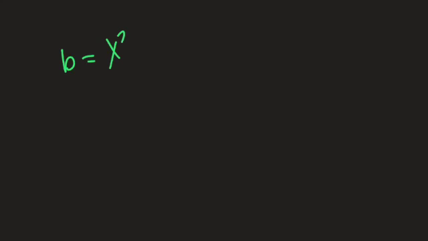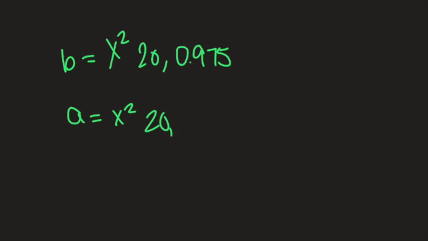So you can use some basic algebra to solve and rearrange things and find what my b is. So b for this, when I have my n of 10, is going to be this, and my a is this.